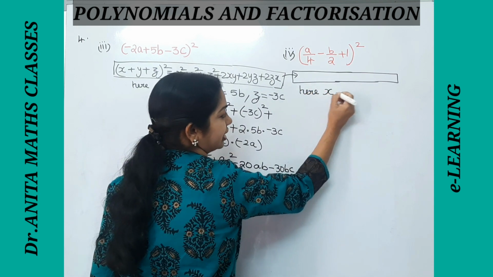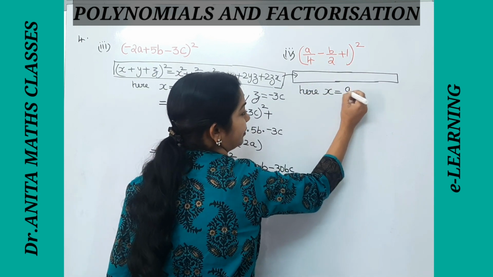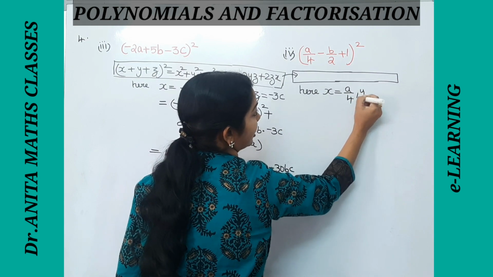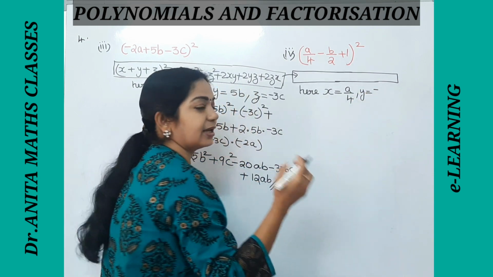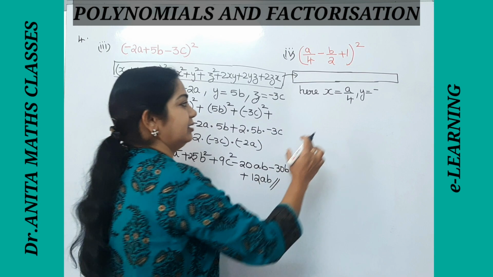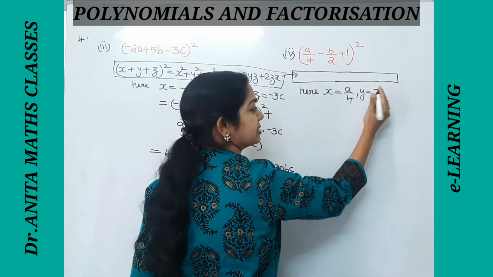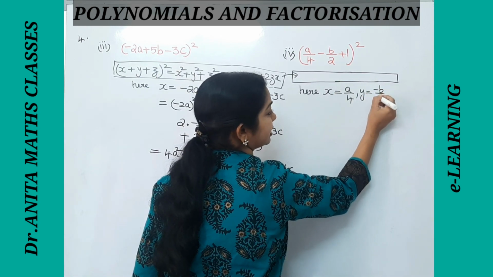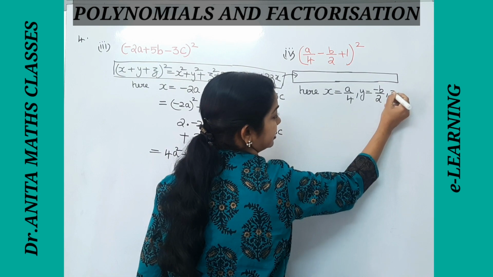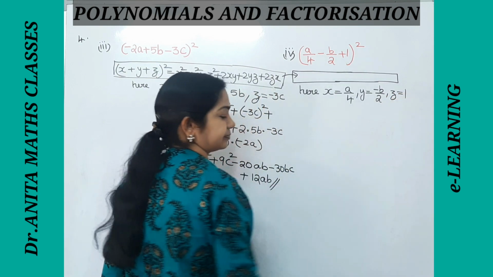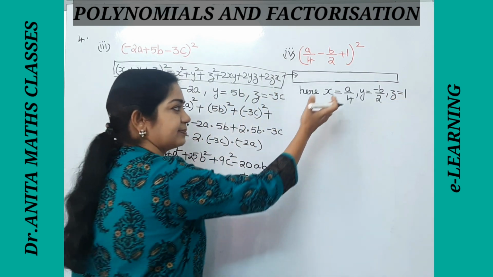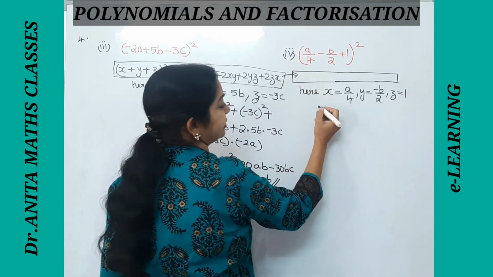So x value is a upon 4, y value is minus b by 2, taking the sign along with it, and z value is simply 1. We will substitute these values in the identity.